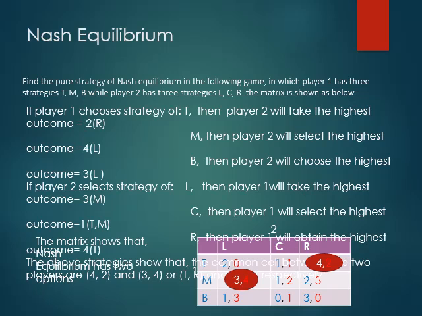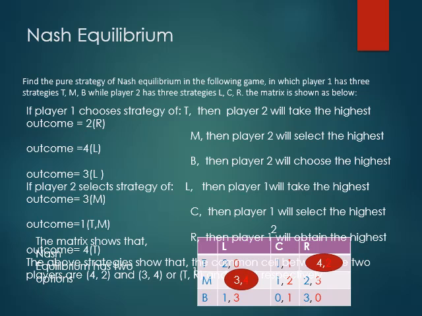If player 1 chooses the strategy of T, the strategy of T in the first row, then player 2 will take the highest outcome.